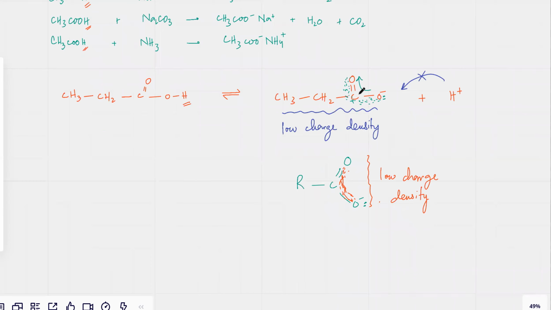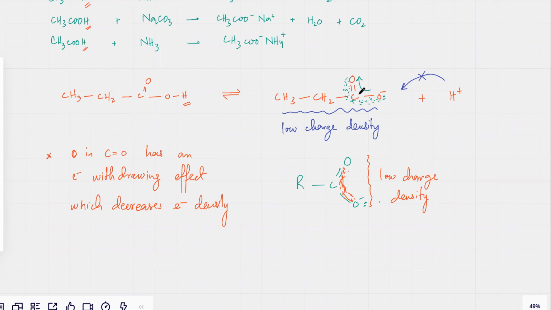So now your answer to this one would be that the oxygen in C double bond O has an electron withdrawing effect, which decreases electron density on the RCOO minus 1 ion.